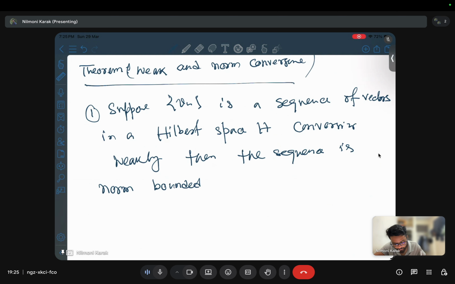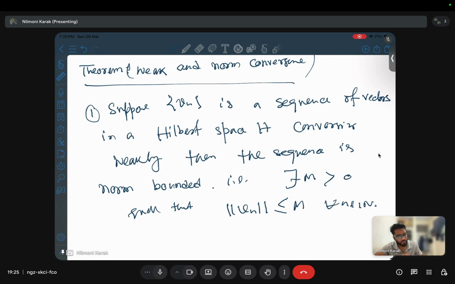Bounded means there exists a positive constant M such that the norm of Vn is less than or equal to M for all n.